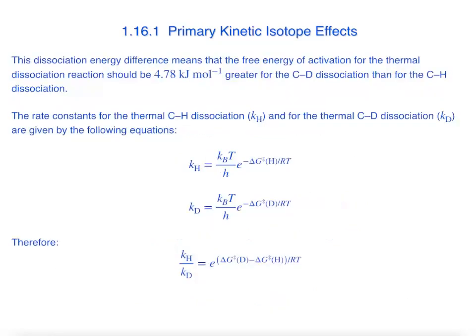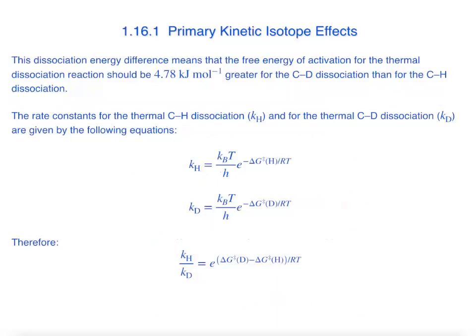Now, this dissociation energy difference means that the free energy of activation for the thermal dissociation reaction should be 4.78 kilojoules per mole greater for the CD dissociation than for the CH dissociation.